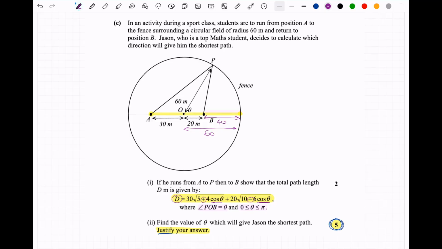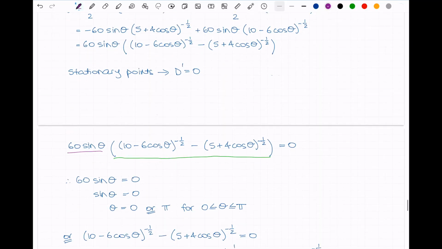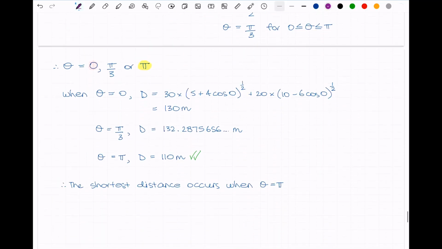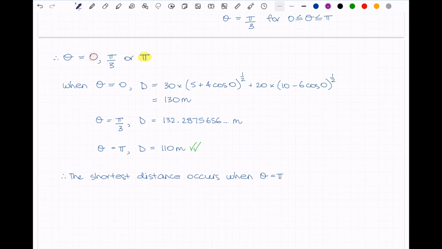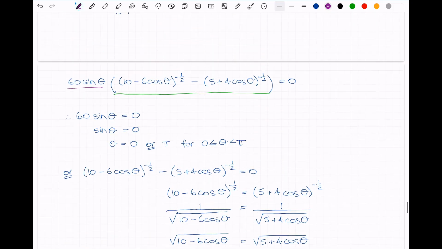So we see that when the angle theta is 0, actually without too much difficult calculation, we can get that 130. That's pretty clear to see, hopefully, intuitively.